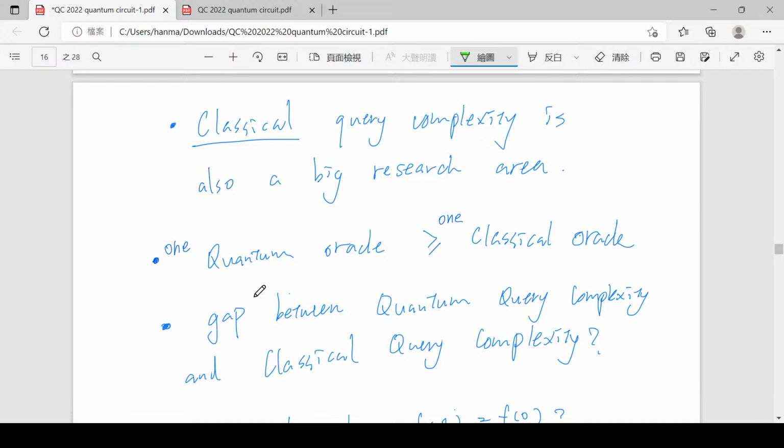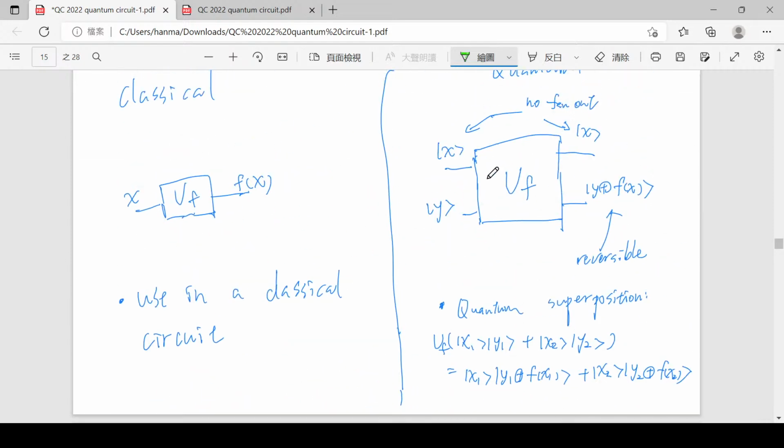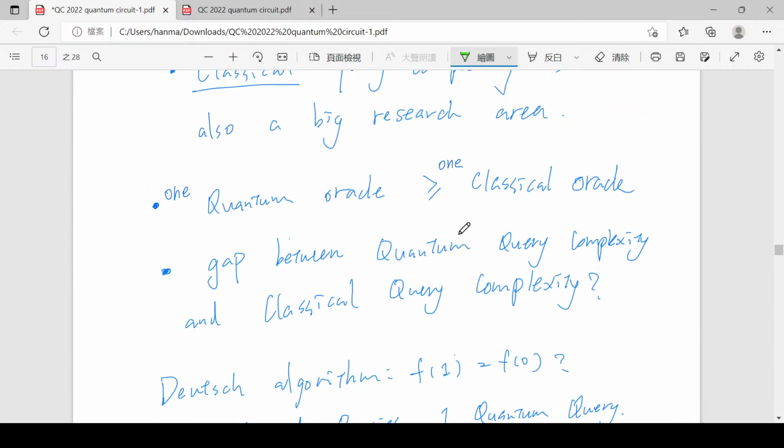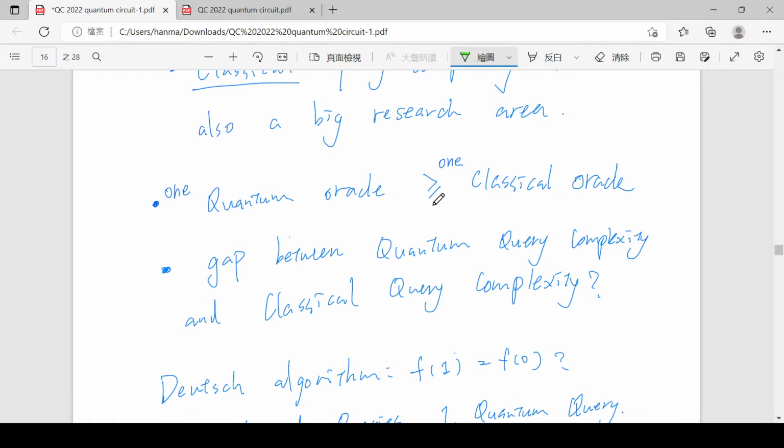One thing you can see pretty easily is that one quantum query is more powerful than one classical query, because you can just put in a computational basis state, put 0 here, and it gives you f of x out here. So one quantum query is always at least as powerful as one classical query, and a way to say this is that quantum query complexity is less than or equal to classical query complexity.